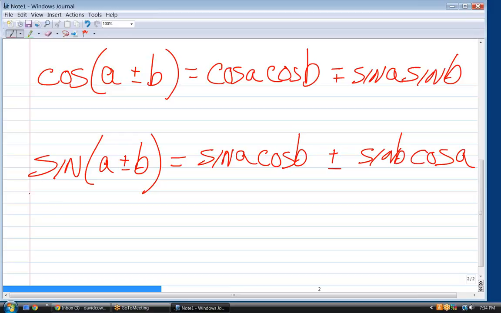So back to our problem of how to find the sine of 30 plus 45. Well, let's plug it in. What's the sine of 30? Well, there's a better way to memorize it.